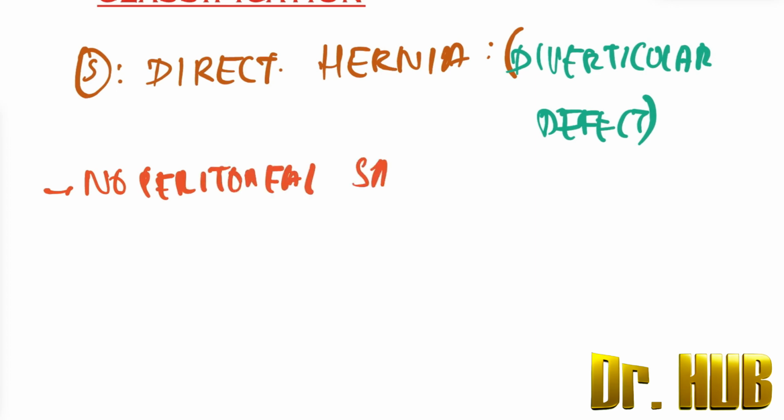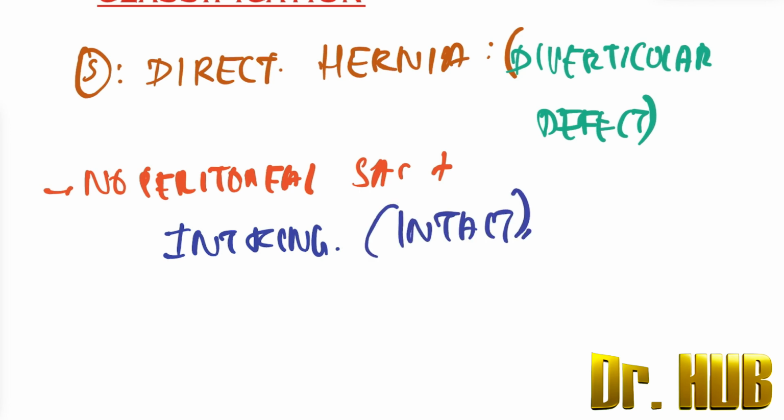How is type 5 different from type 4? Type 4 was the direct hernia with the full floor posterior wall breakdown or multiple defects in the posterior wall, with the internal ring intact and no peritoneal sac. Whereas in type 5, there is a direct hernia with a diverticular defect, no peritoneal sac, and the internal ring remains intact.